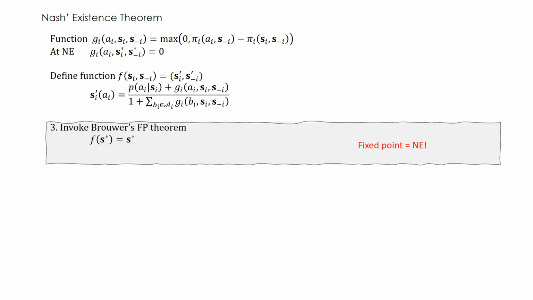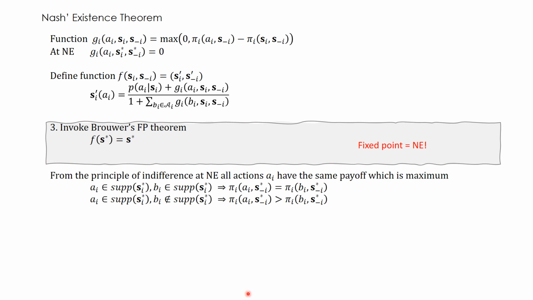So now let's begin the third step of our proof. We have to invoke Brouwer's fixed point theorem, and then it will show that f of S star equals S star. There exists such a point. Now, from the principle of indifference, suppose AI and BI are two pure actions that are in the support of S star I, the Nash equilibrium strategy of agent I, then both actions yield the same payoff: pi I with AI is equal to pi I with BI.